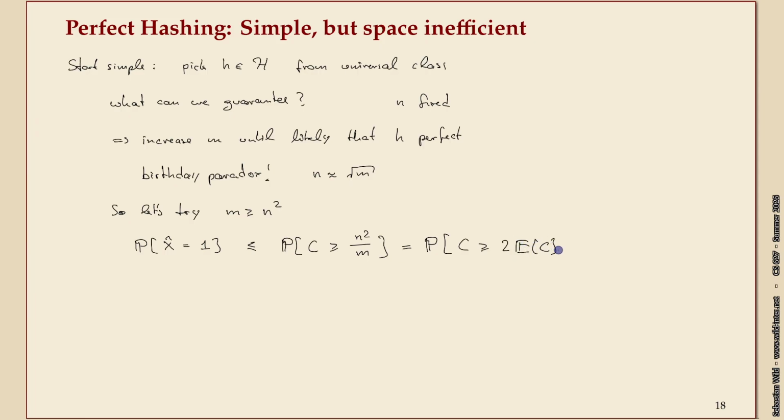That's the calculation from before. And so that's going to happen with probability 1/2, right? Which also means the converse, that we'll have no collisions with probability at least 1/2.